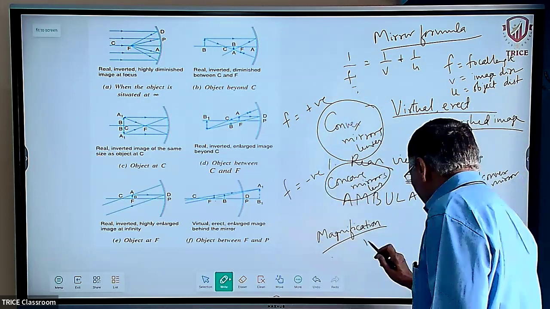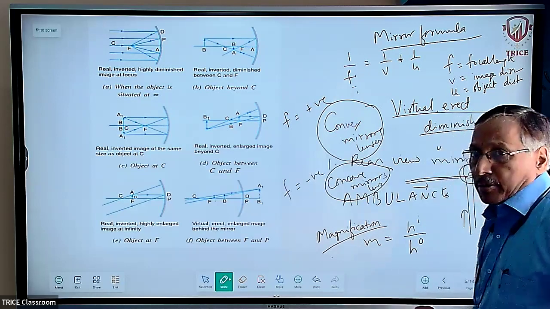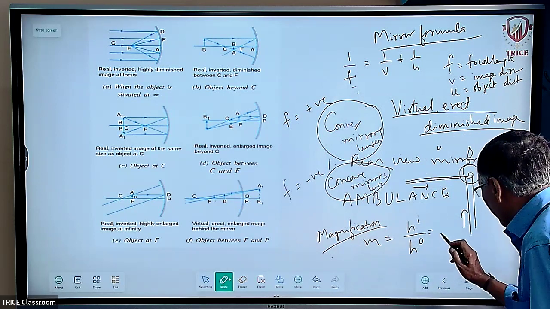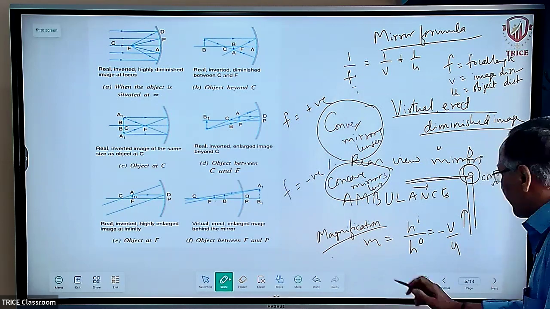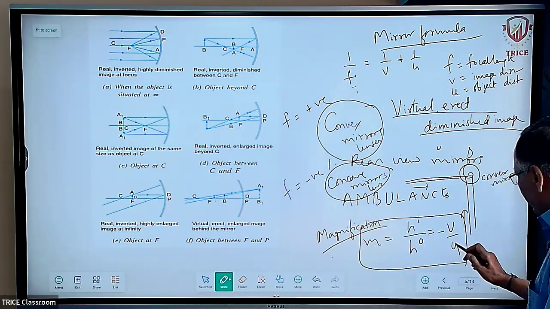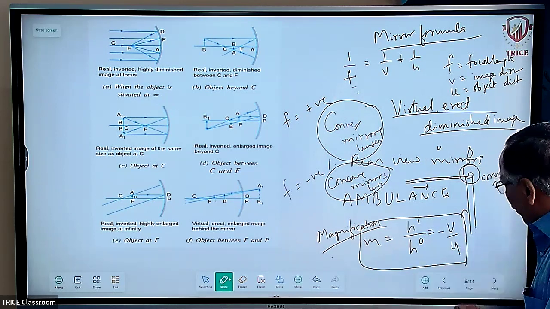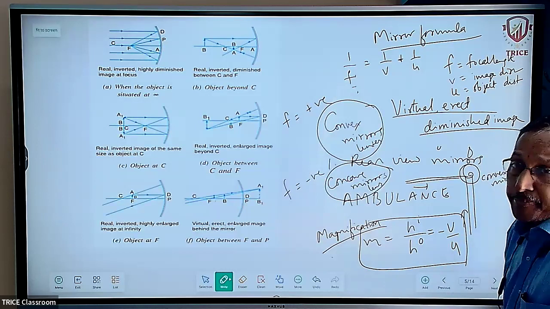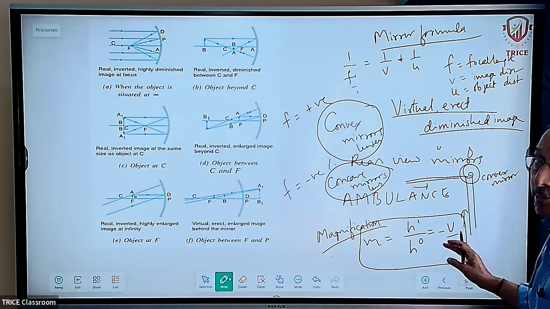For that also we have a formula, that is HI by HO, height of the image by height of the object, is equal to minus V by U. That is image distance by object distance. Magnification is equal to height of the image by height of the object, or it is also equal to the image distance by object distance. This is about the reflection, both in plane mirrors as well as spherical mirrors.